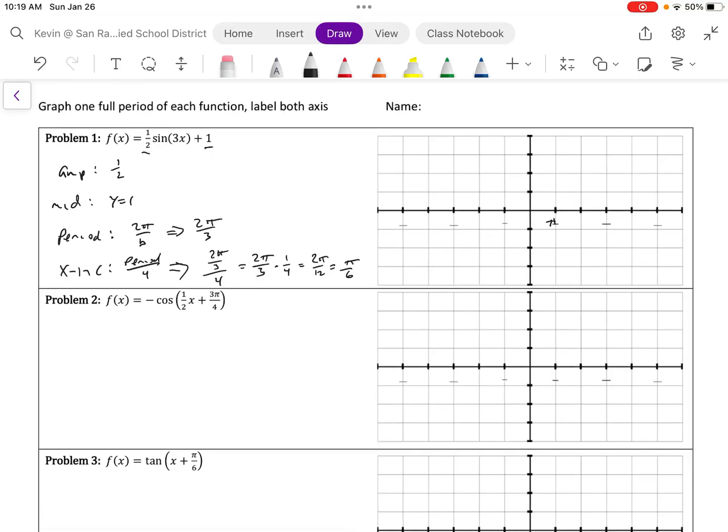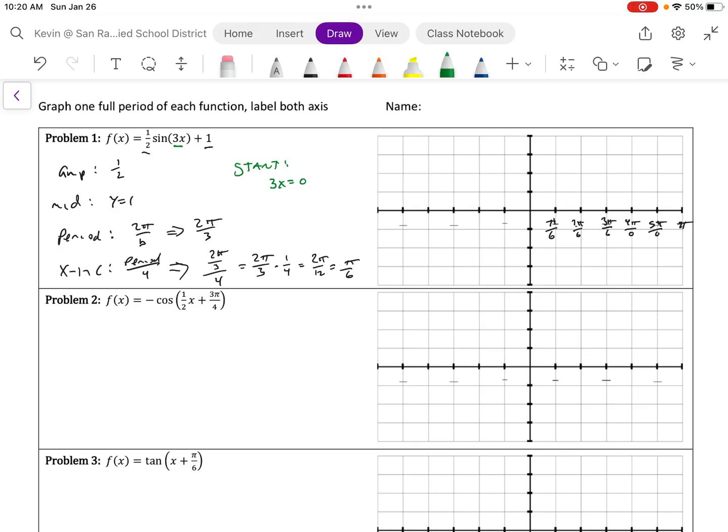Which means that when we do our graph over here, we're going to want to go pi over 6, 2 pi over 6, 3 pi over 6, 4 pi over 6, 5 pi over 6, and then we'll just say 6 pi over 6 pi.